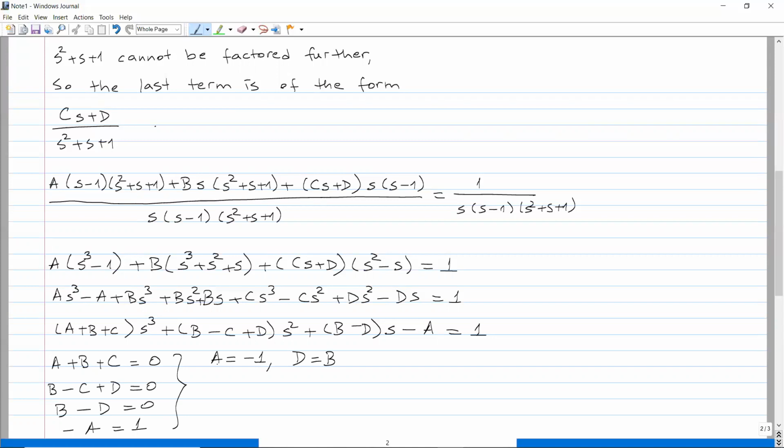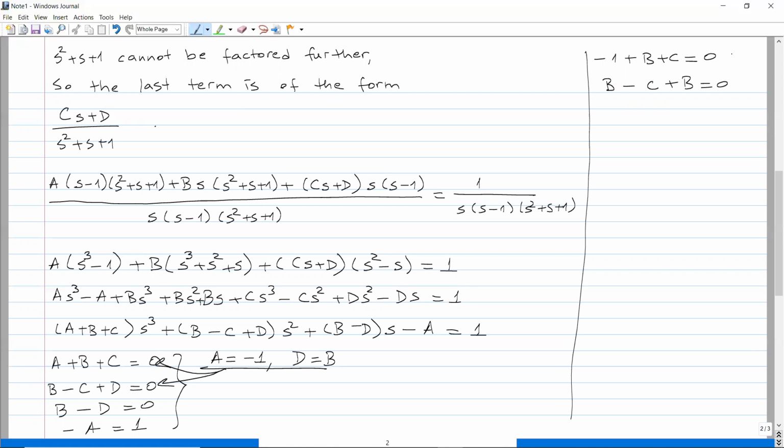Use them in the first 2 equations. We have, okay, let me do it over here. A is minus 1, plus b plus c is 0. And in the second equation, b minus c plus d, but d is also b, equals 0.